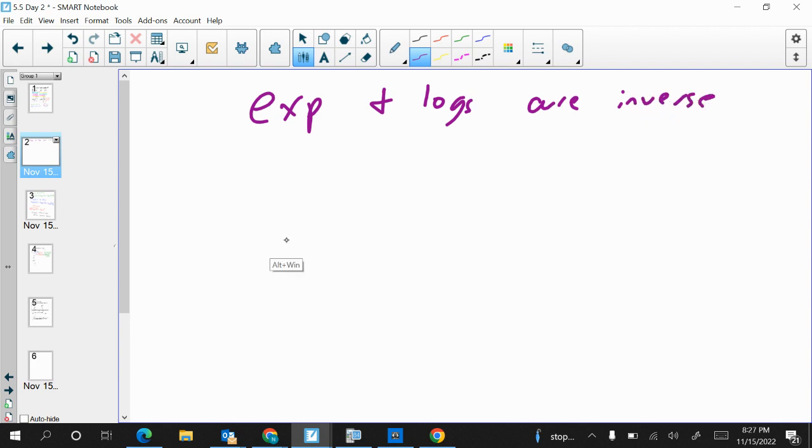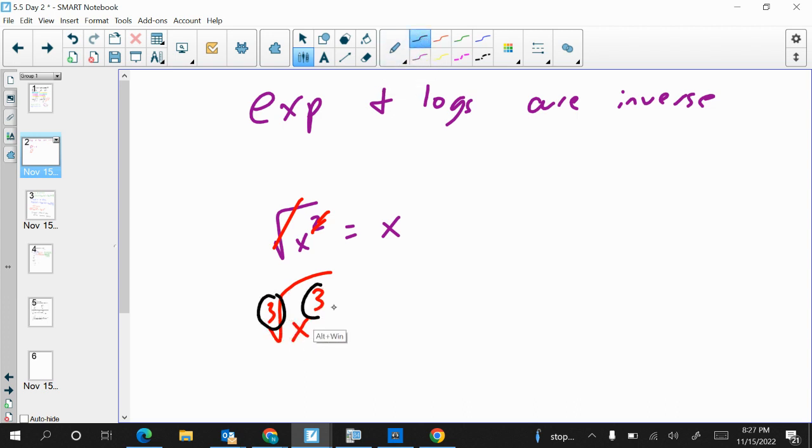It's the same way as thinking if I had like the square root of x squared. My answer would just be x, right? The square root and the square cancel each other out. Or if I had x to the third, I would need to take the third root, right? These numbers need to be the same.